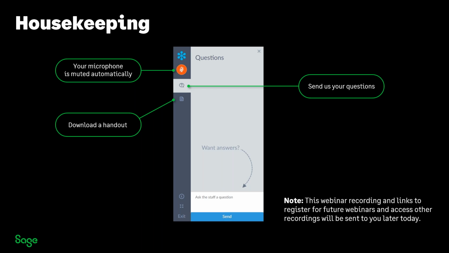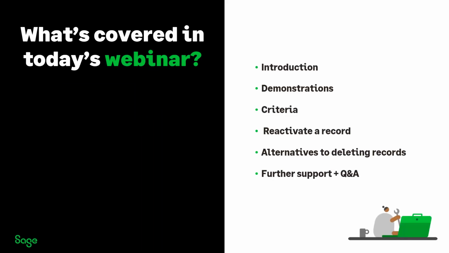Right, this is what we're going to be covering over the next half hour. So quick introduction, I'll run through some demonstrations, explain a little bit about the criteria. So we'll concentrate on the customer side of things, but obviously I'll show you where you can get more information about the other areas as well. I'll explain how to reactivate a record. So if you do flag it as being inactive and you want to use it again in the future, how can you reactivate that? Really simple.